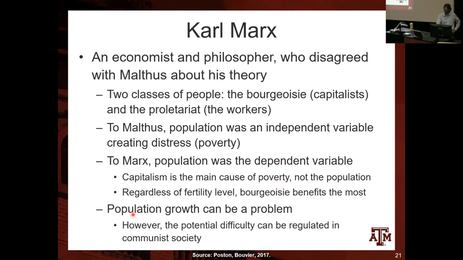But he mentions, okay, the way that we organize economically through capitalism causes poverty, and poverty causes population growth. But he also agrees that population growth, when there is no check from the society, no control at all, no concern about population growth, can be a problem.